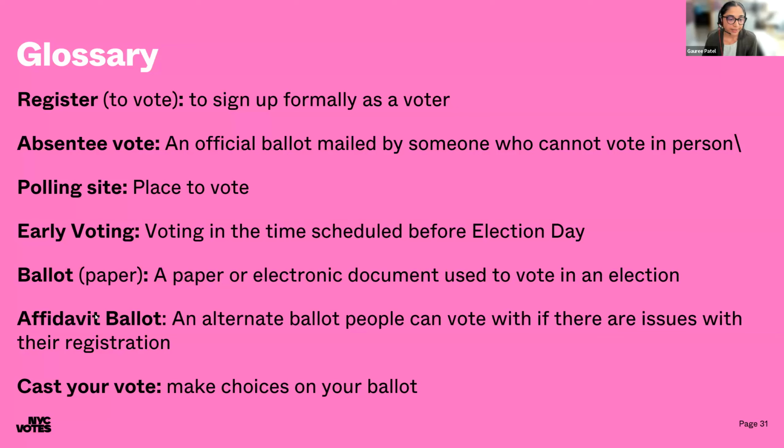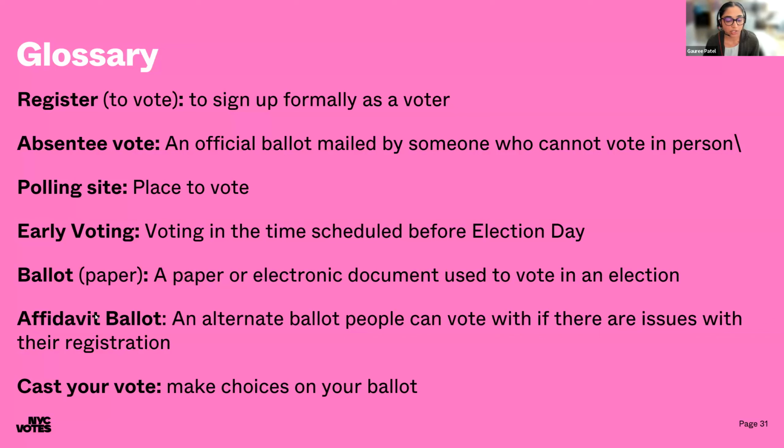An affidavit ballot is used as an alternative ballot if there are any issues with registration. For instance, if you registered, but maybe it didn't go through the system, or you get to a polling site and they don't have you listed, you can still vote using an affidavit ballot.